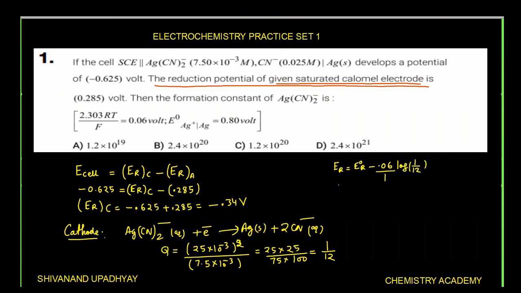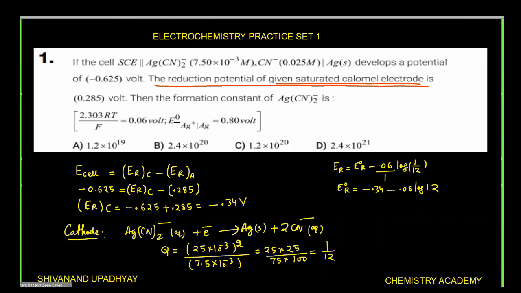So from here, if I calculate E naught reduction of this half cell: E reduction of this half cell is -0.34 volt, and this will become plus, right? If I bring it to the left hand side, this will again become -0.06 log 12. So this is E naught reduction of this half cell. Now we have to calculate the formation constant for Ag(CN)2 minus.